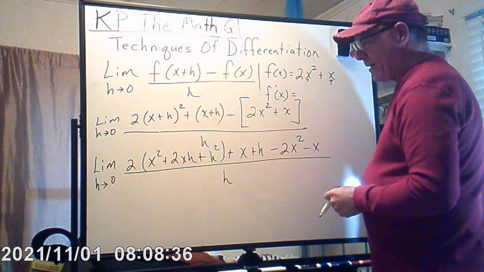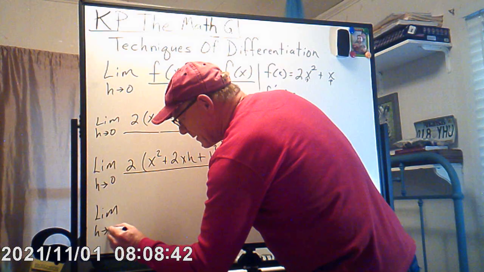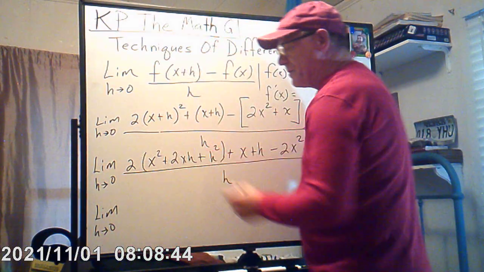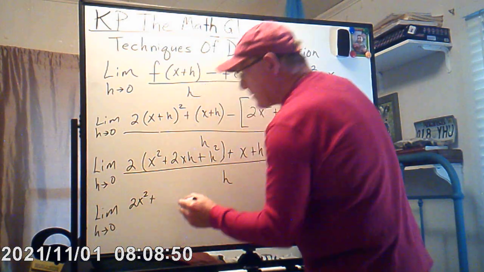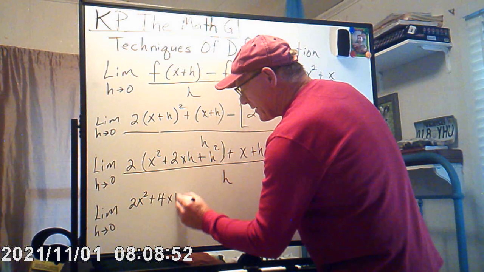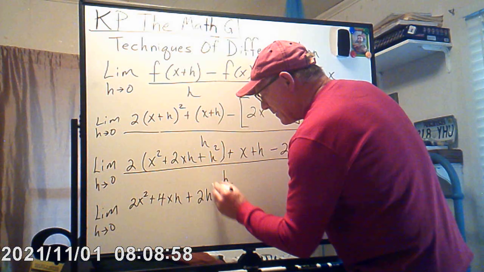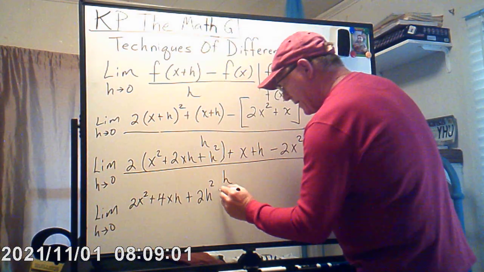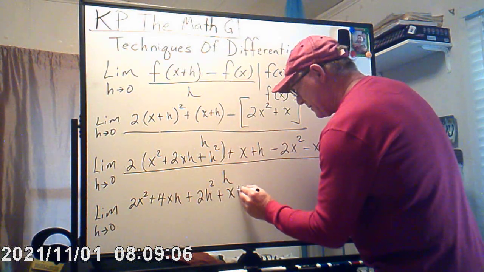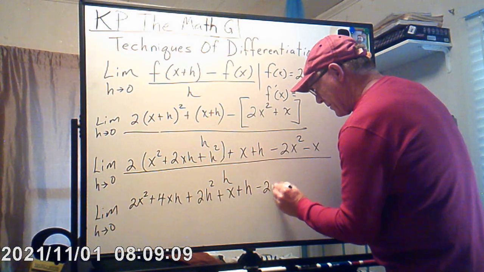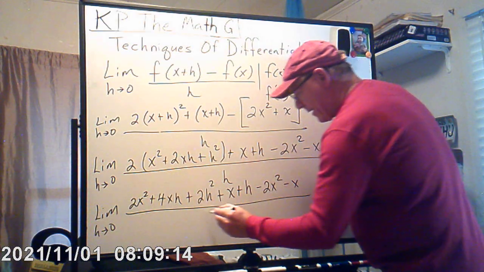Let's do this again. The limit as h approaches 0. Well, let's distribute this 2 now. So we've got 2x squared plus 4xh plus 2h squared. Now we've got plus x plus h minus 2x squared minus x, all over h.